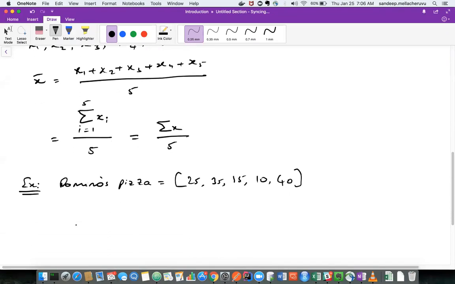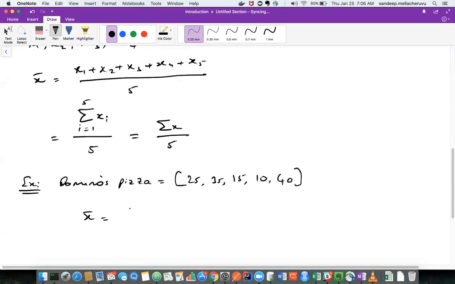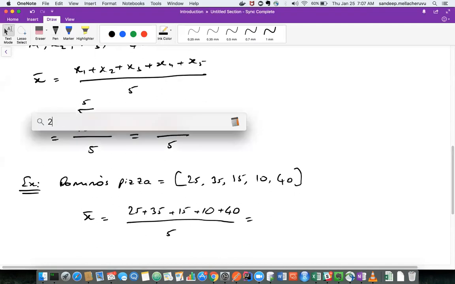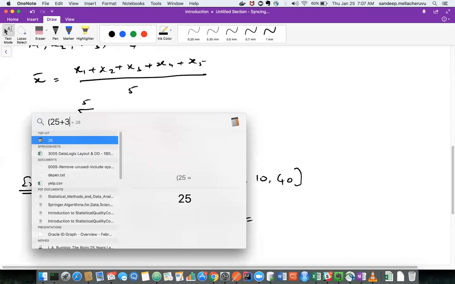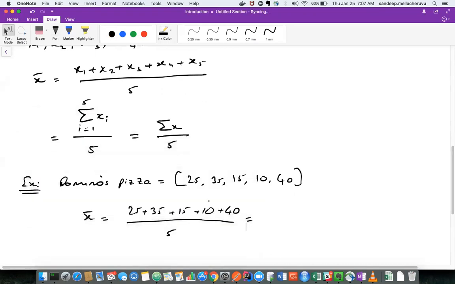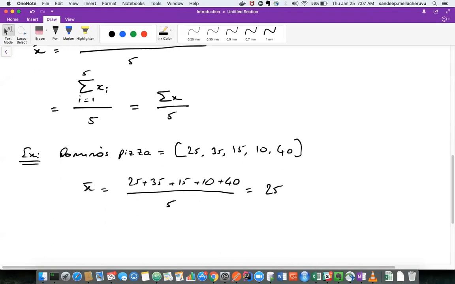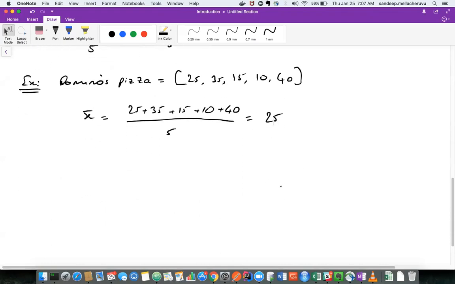Now what is the average for this? x bar equals 25 plus 35 plus 15 plus 10 plus 40 by 5, and it's going to be 25. How much? 25. So okay, 25. This is how you can calculate averages. Of course, most of you might know, but in case you don't know.